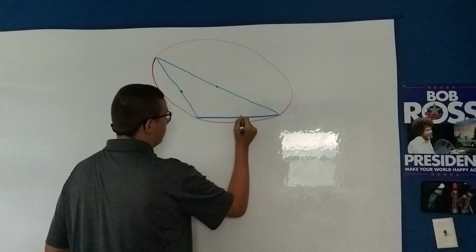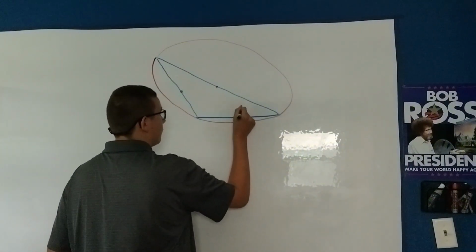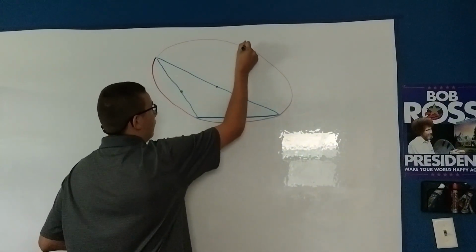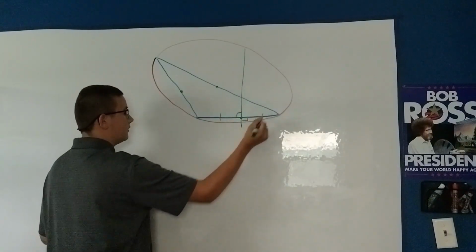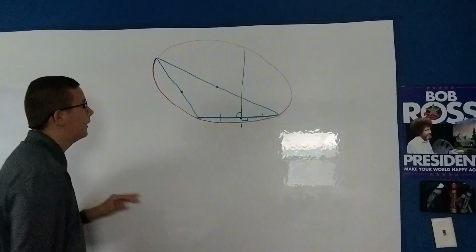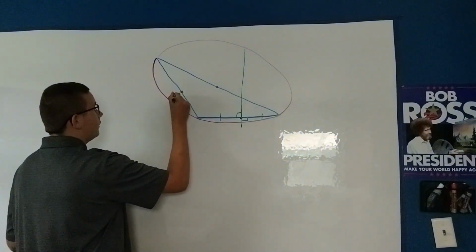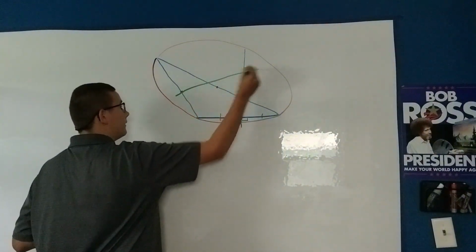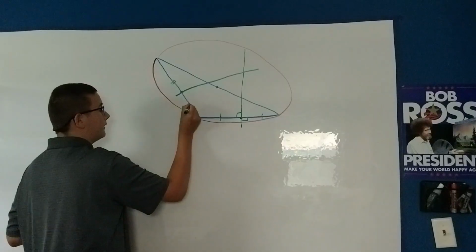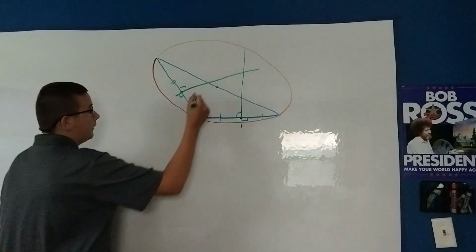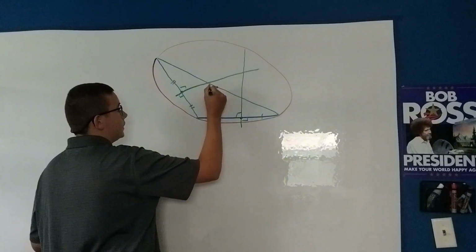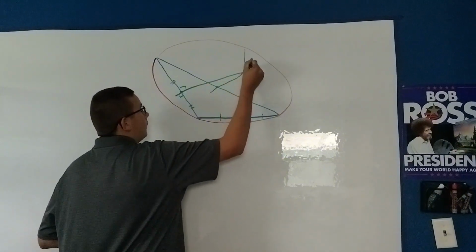And we take a line that goes perfectly perpendicular, like that, and bisects, so those are congruent, like that. Again, one here, like that bisects and is perpendicular, and one here.